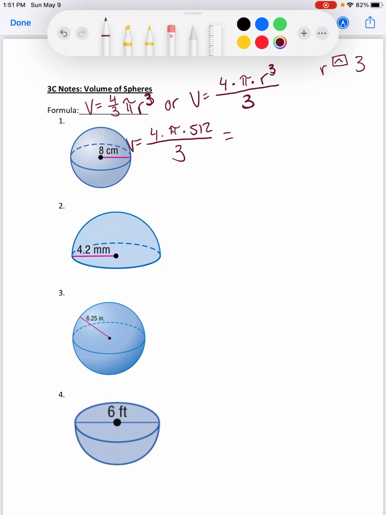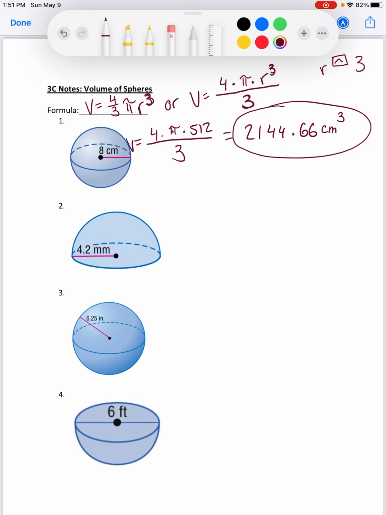Now I'm going to hit the division button, divide by 3, and I'm left with 2144.66 centimeters cubed. Reminder, this is volume, so we are using cubed units. Okay, next we have a hemisphere.